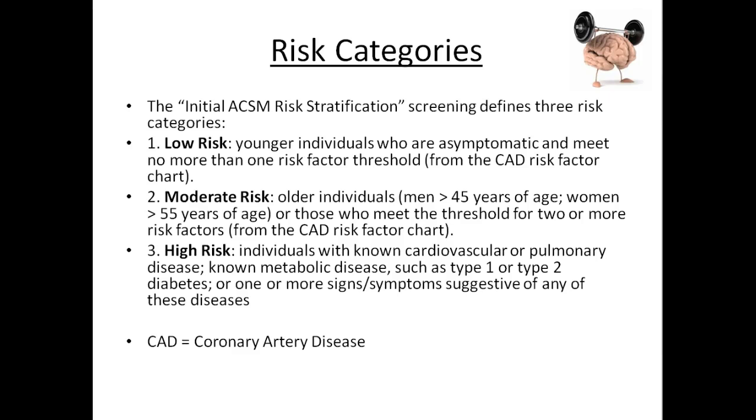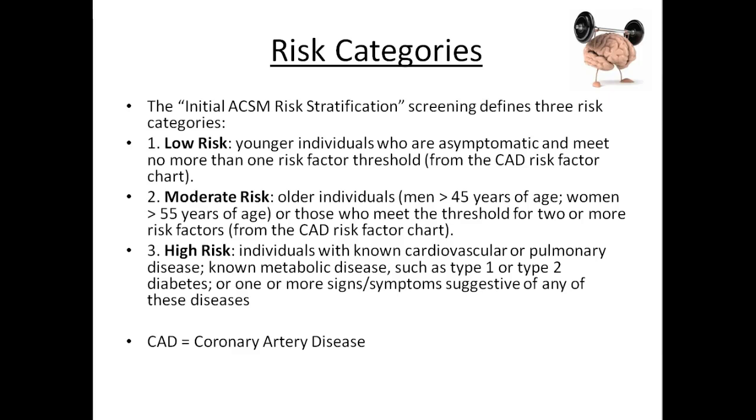So the American College of Sports Medicine has designed a risk stratification, dividing the risk into 3. So low risk: young individuals who are asymptomatic and meet no more than 1 risk factor threshold for coronary artery disease risk factors. This will be the majority of your fitter patients.